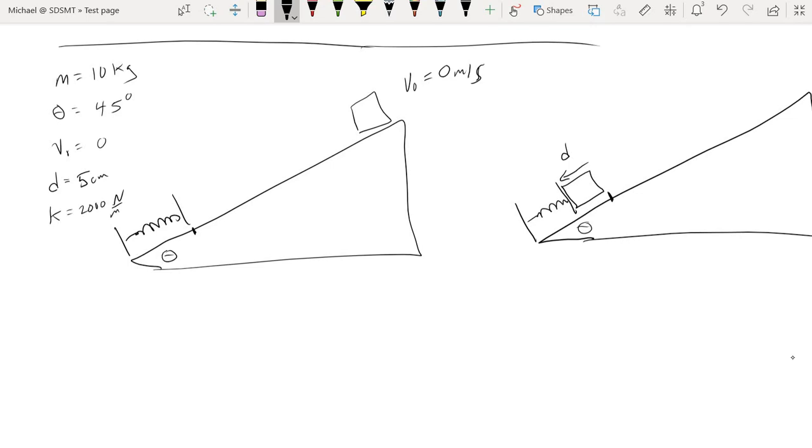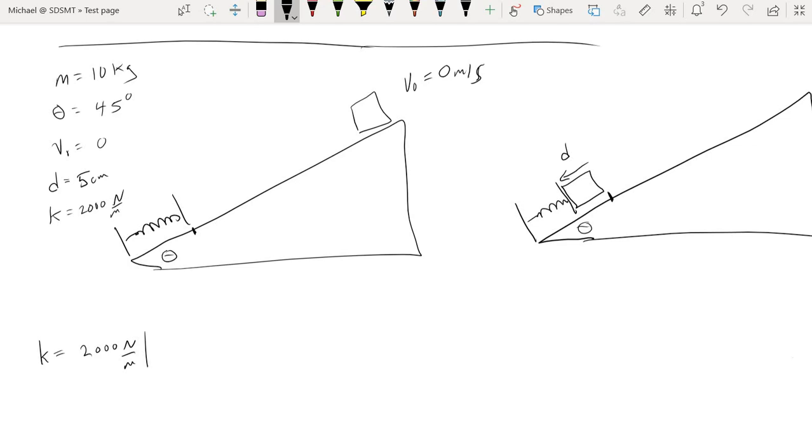newtons per meter. Now again, if you remember from a previous discussion, spring constants are usually given in terms of newtons per centimeter, just because it's a more realistic measure. But we can't use that unit in our math. We need to have newtons per meter.